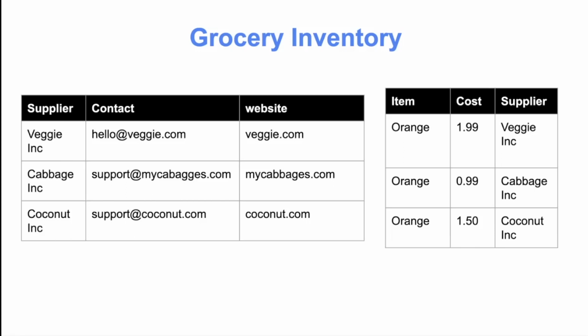And another useful table, if I have a grocery, is the supplier and an item that the supplier supplies, and the cost of that item when you buy it from that supplier. So in this one, you can easily query which supplier supplies the cheapest oranges, and you can see here that Cabbage Incorporated has the cheapest oranges. So I may want to buy from that supplier if I want the cheapest oranges.